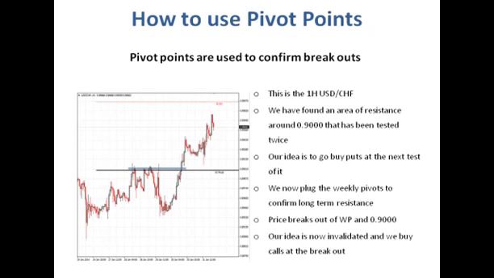And since the weekly pivot was in confluence with a strong area of support and a psychological resistance, remember that round numbers are psychological areas of support and resistance, and price broke it very harshly, we can buy calls on a momentum play to the upside. Okay, the weekly pivot here helps us to confirm a strong area of resistance and a breakout to the upside.